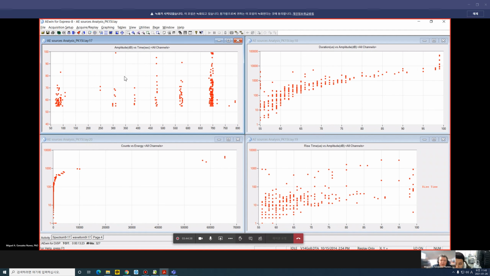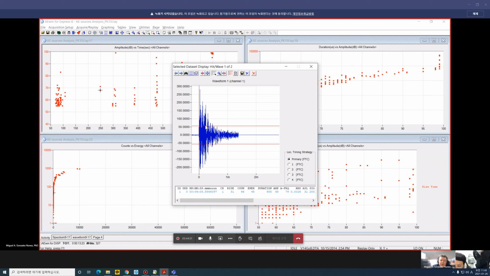Yeah, but just to show you, this is part of a test. When we select, let's say, one of these signals, you see the waveform of the signal, and at the bottom you see all the characteristics of the signal.